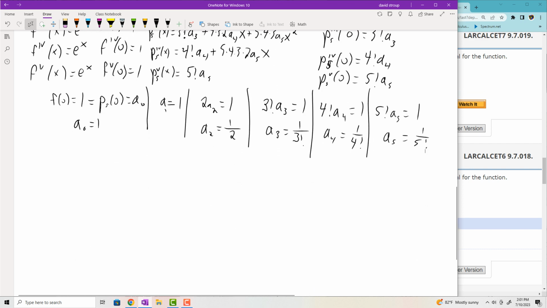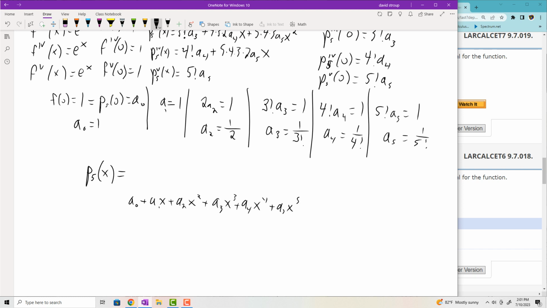Great. That tells me my 5th degree polynomial representation of the function e to the x is, well, originally, keep in mind, we had a sub 0 plus a sub 1 x plus a sub 2 x squared plus a sub 3 x cubed. So I'm replacing a sub 0 with 1.